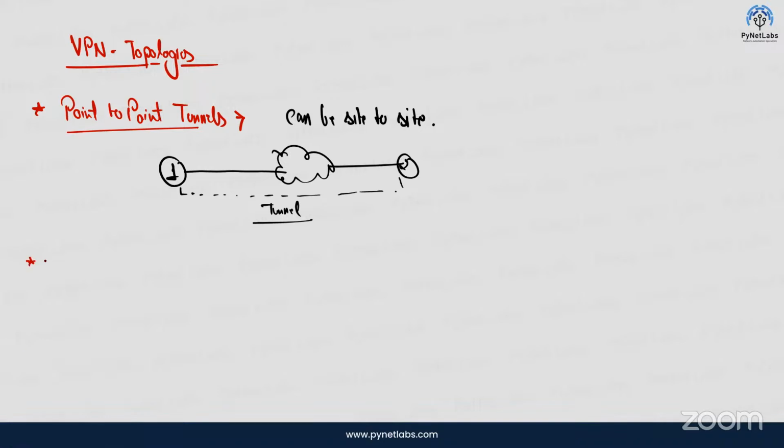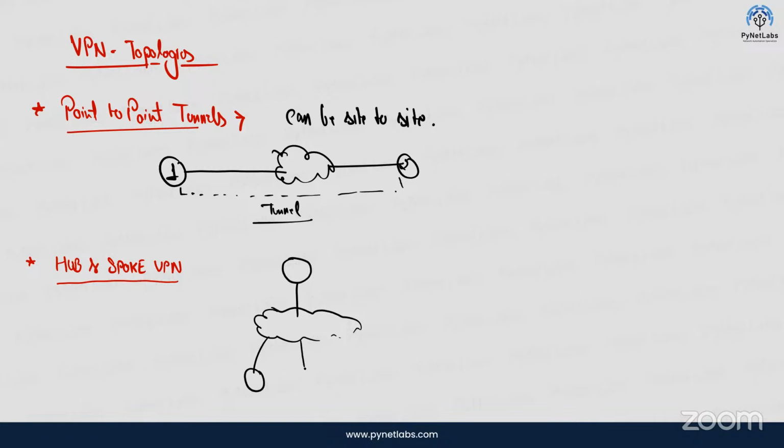On the other hand, we have hub and spoke VPNs. When I say hub and spoke VPNs, if I have one branch office, that branch office is connected through point to multi-point links. Assuming this is your main branch office, with some ISP in between, the connectivity will be established like this.